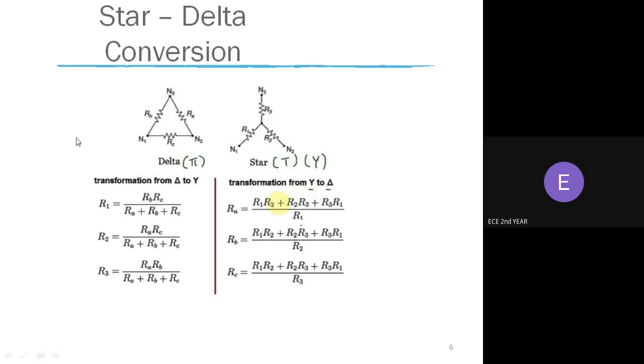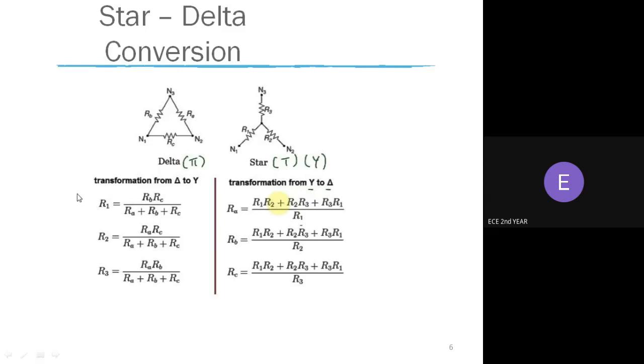The first formula is delta to star. The output value of the star connection is R1, R2, R3. So we need to calculate the values of R1, R2, R3, which are connected in a star connection, from RA, RB, RC, which are connected in a delta connection.